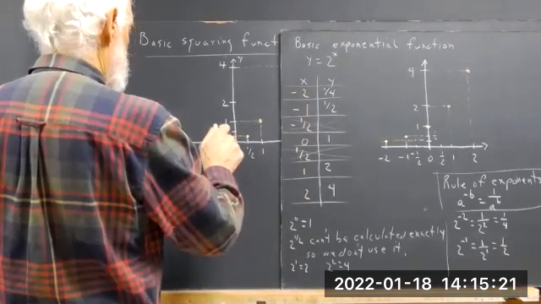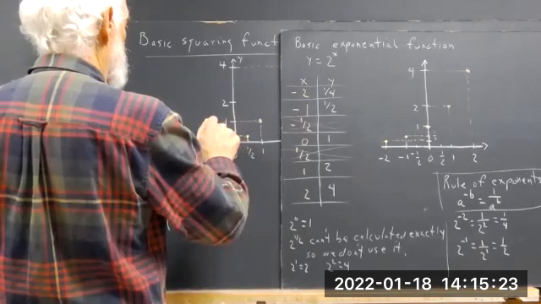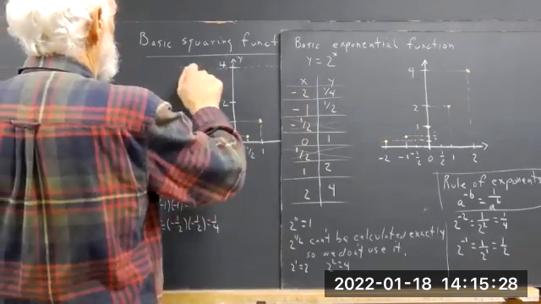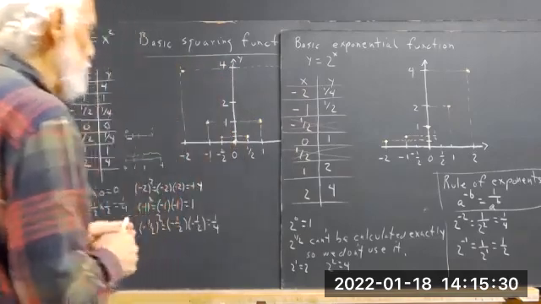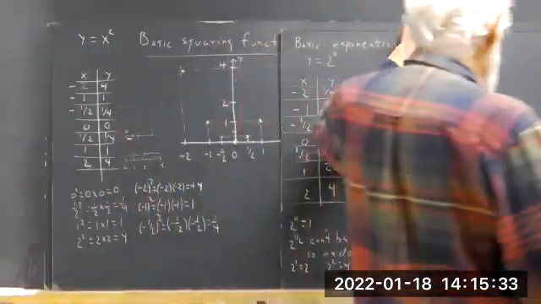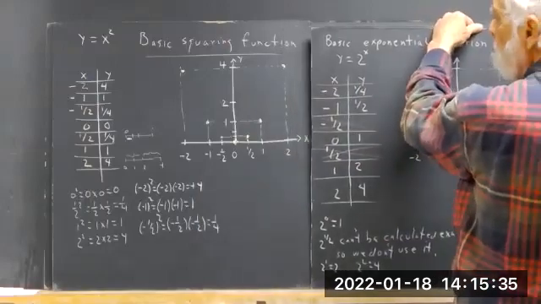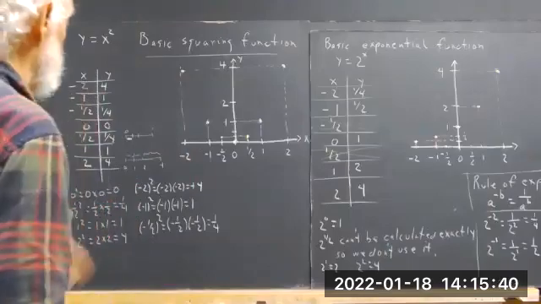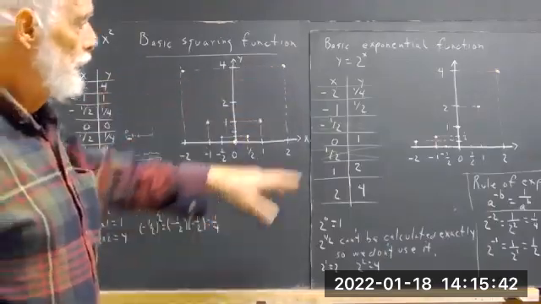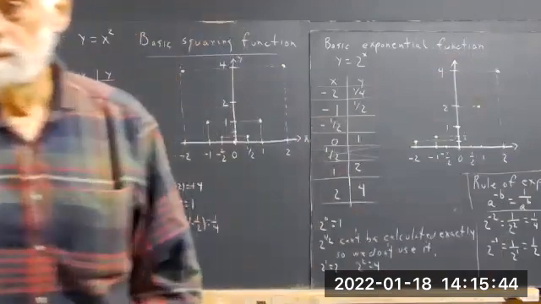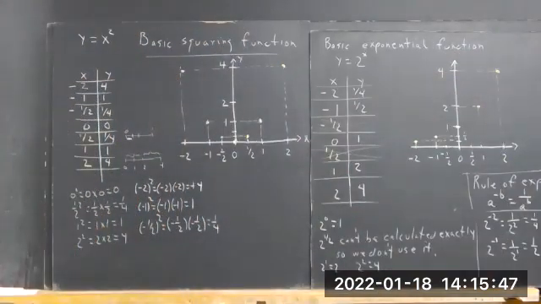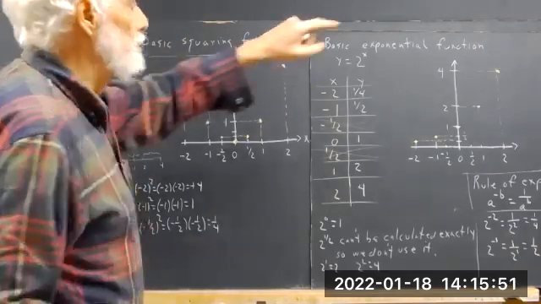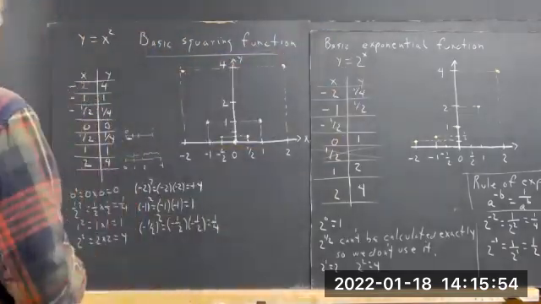Go here, here, and here. So now we've got a picture of the graph of the basic squaring function and the basic exponential function. This graph has 7 points. This graph has 5 points.